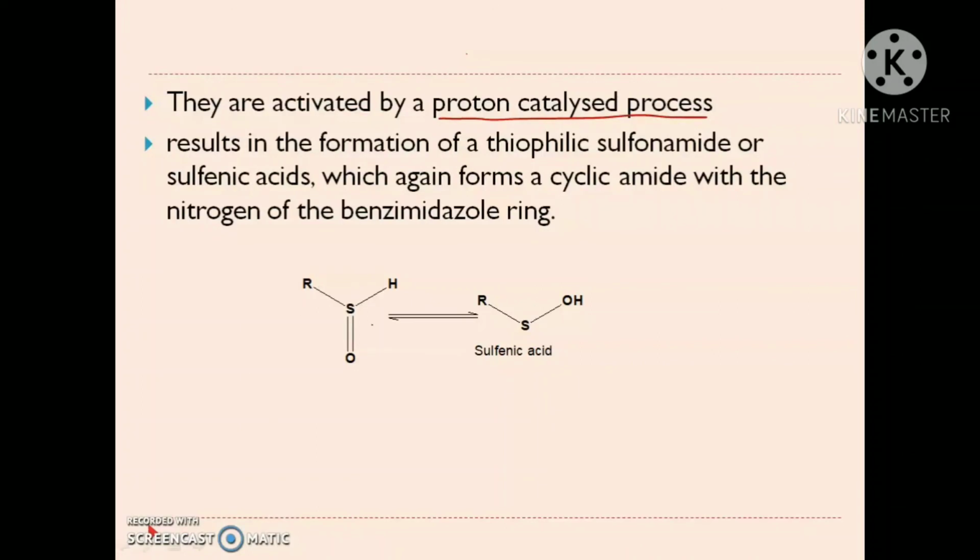And there they are activated by a proton catalyzed process, that is, in presence of the acid medium, H plus medium, they get activated, and that results in the formation of a thiophilic sulfonamide or sulfenic acids, which again form a cyclic amide with the nitrogen of the benzimidazole ring.